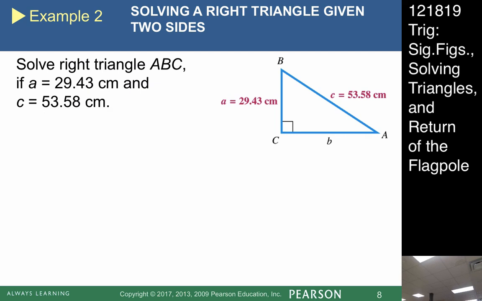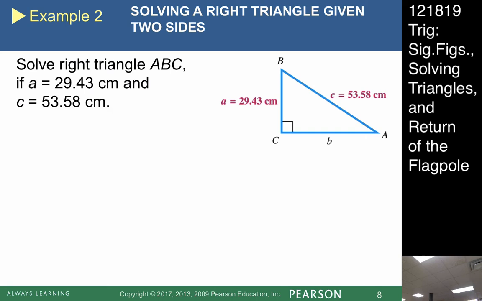Help her out. So it'd be like sine of little b equals... well, sine of angles, not lengths, right?